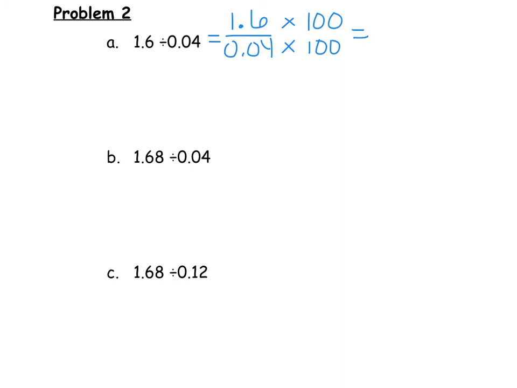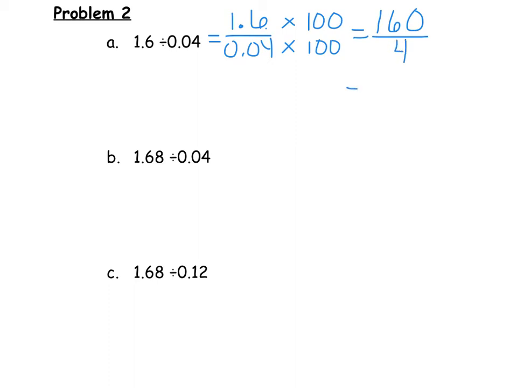So we have 1 6/10. So I'm moving that 6 two place values to the left. So it's going to move to the ones, but then also to the tens. So it's going to be 1, 6, and that's the 10. So I need to add a 0 for the ones, divided by the 4 in the hundredths is going to move 2 larger place values. So it's going to move to the tenths, but also to the ones.